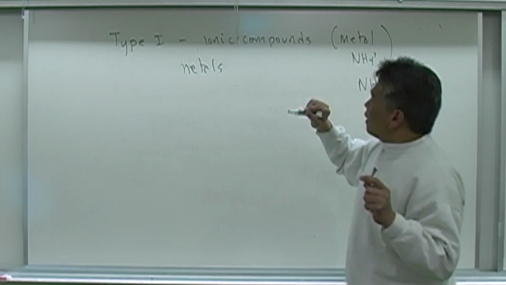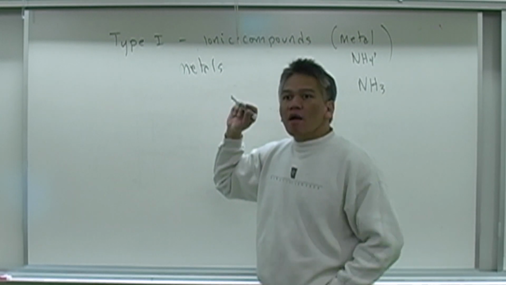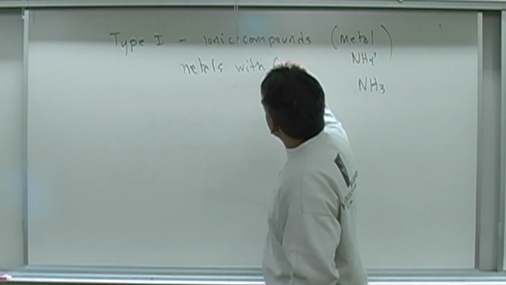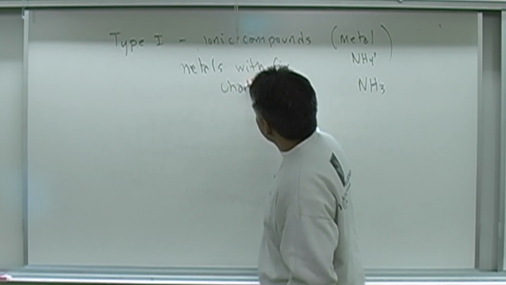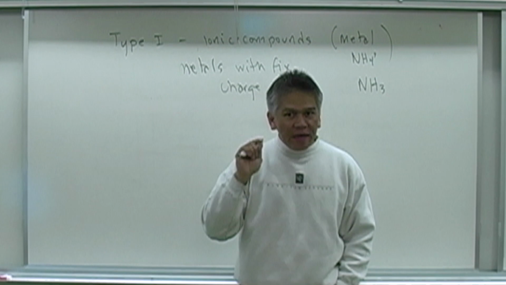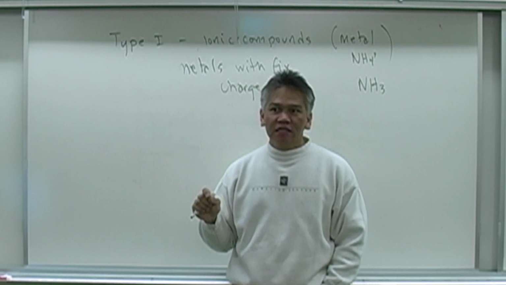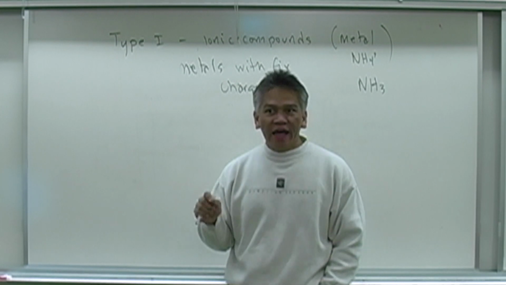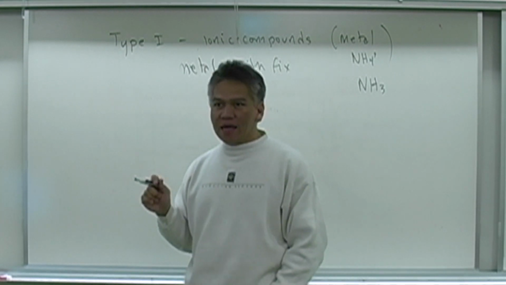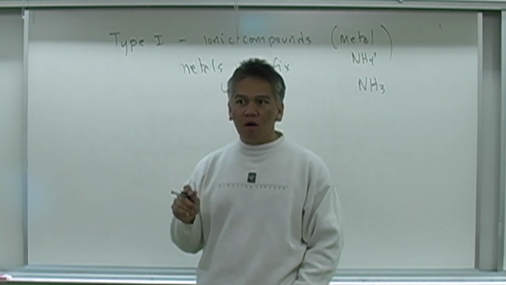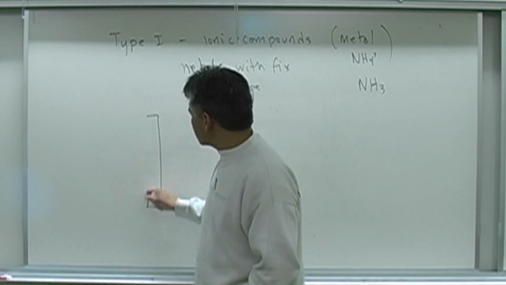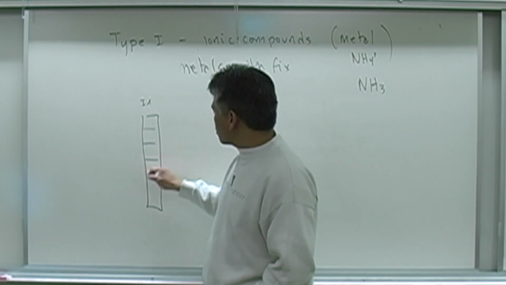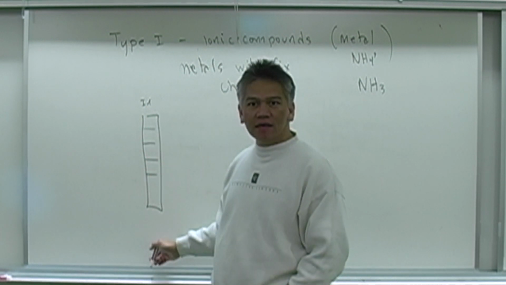But type 1 are metals with fixed charge. So the metal in these formulas, you know their oxidation state, you know their charge. If you look at the periodic table, and you look at the elements in 1A, what is the charge of the elements in the 1A family?